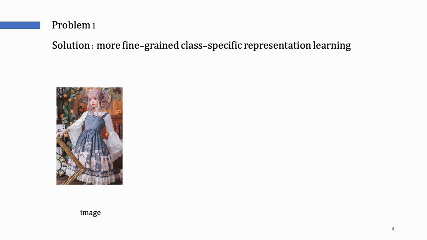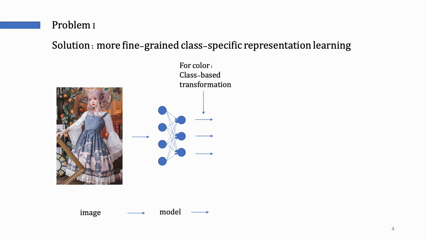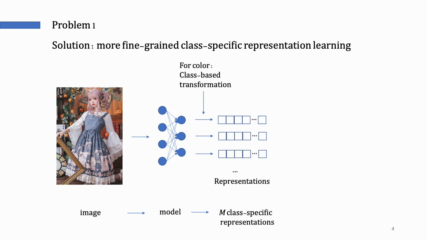Therefore, we propose a solution to learn a more fine-grained representation at the class level to improve the discriminative power for fine-grained fashion features. As we designed, if we apply a class-based transformation such as class-based attention, we can have m class-specific representations if we have m classes in an attribute.